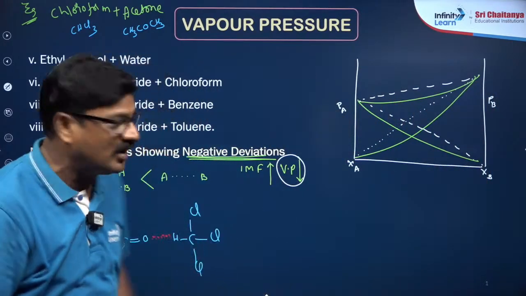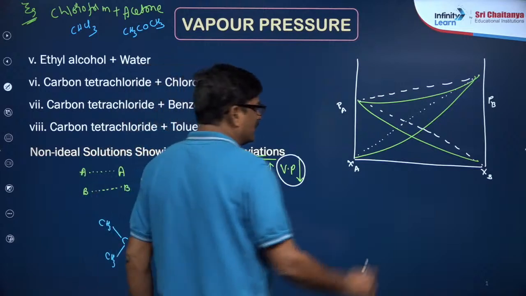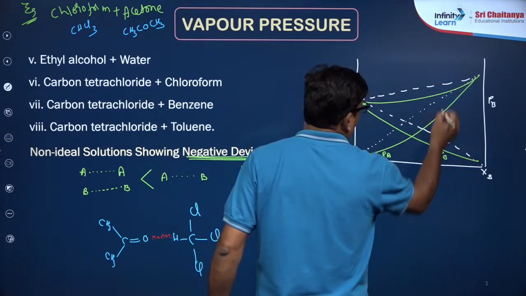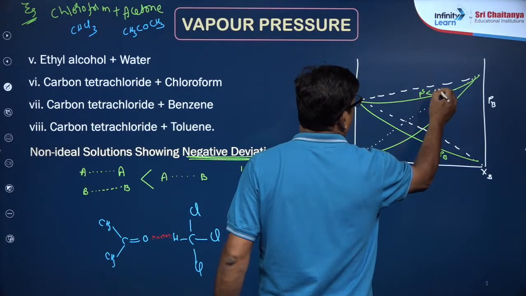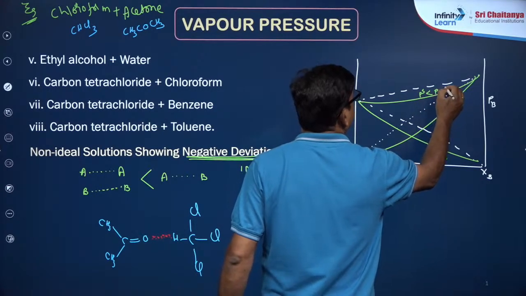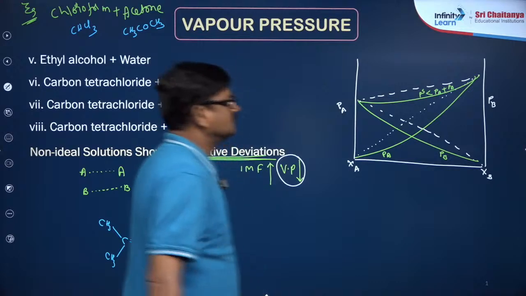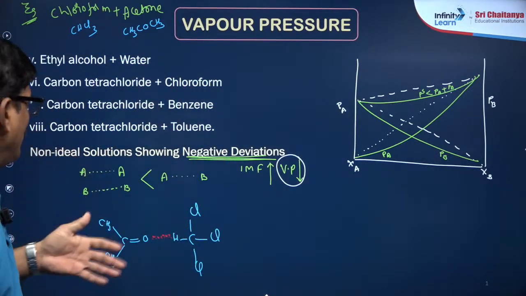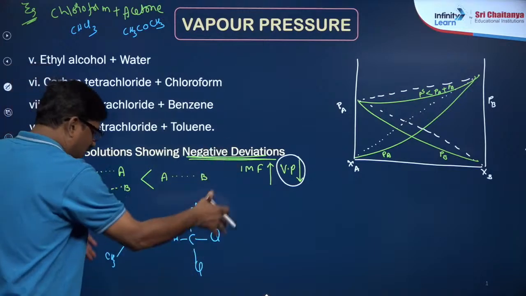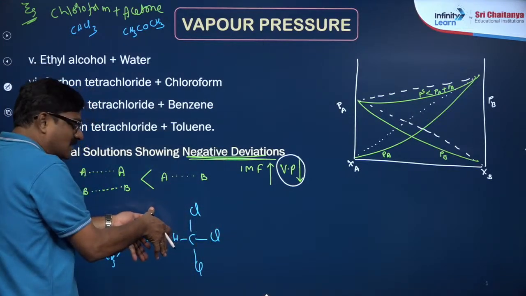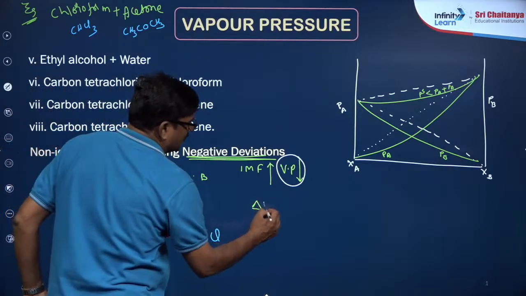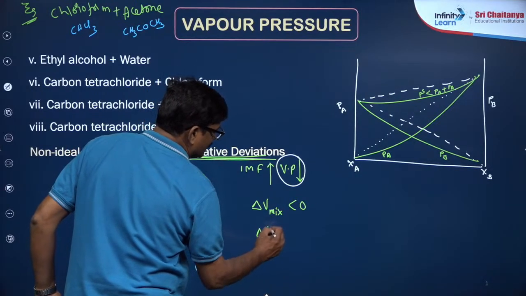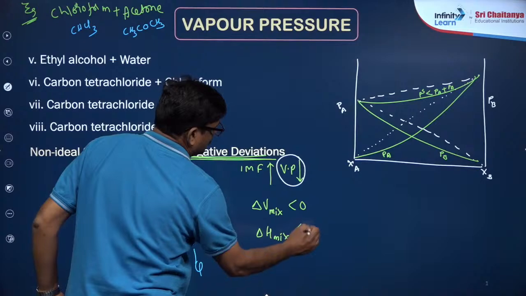Pranav, what you said is correct. So P A, P B, and P S. Got it? So the vapor pressure gradually decreases. When intermolecular force increases, molecule and molecule come closer. Therefore, delta V mix is less than 0, delta H mix is less than 0.